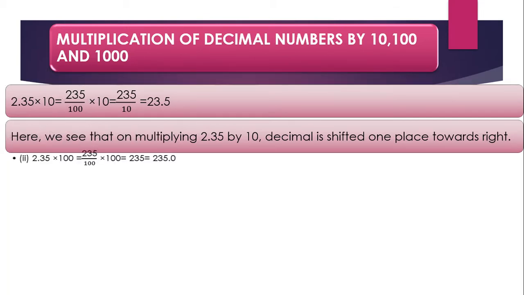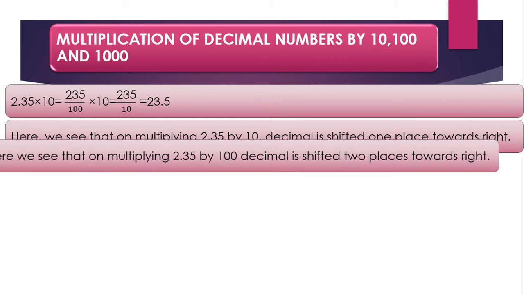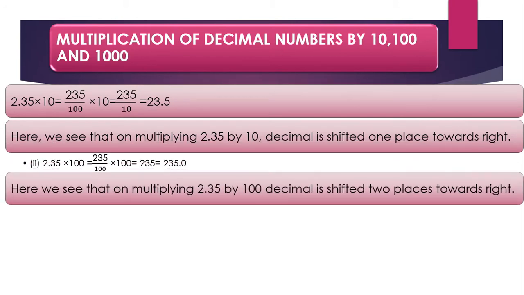In the second example, 2.35 into 100 equals 235 by 100 into 100, that is equal to 235. In this we see that the decimal is shifted one digit more to the right, and the answer is 235.0. So when we multiply 2.35 by 100, the decimal is shifted 2 places to the right.